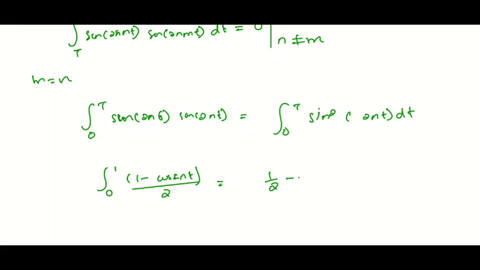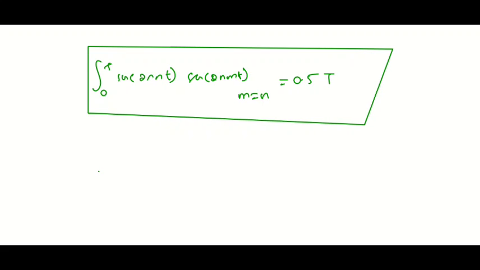From here I will get 1 by 2 minus 0. Please solve it, we will get the answer. That is T by 2, that is 0.5 T. So when n is equal to m, we can generally write it like this. The integral of sin 2 pi n t into sin 2 pi m t, when m is equal to n, the answer is 0.5 T. Okay.